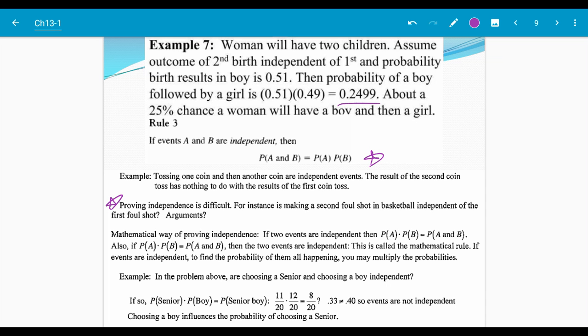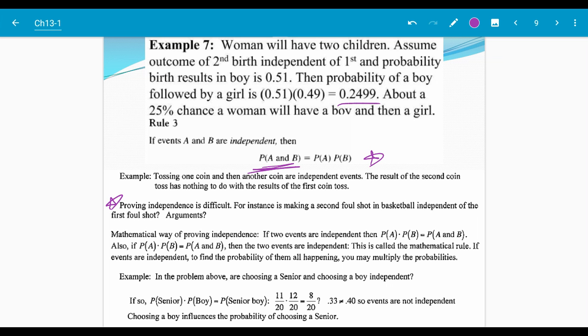So typically, we are using this equation for independence as probability of A times probability of B equals the probability of both of them happening. But if we're testing for independence and we have this probability that both of them have happened, then we need to illustrate that it is equal to the product of the individual probabilities to prove independence.